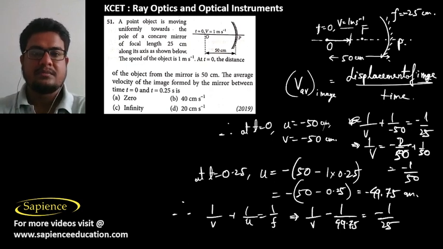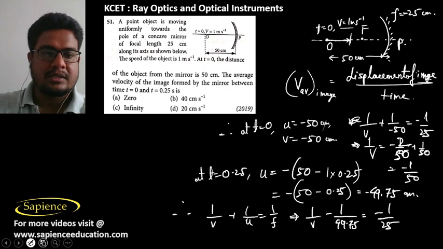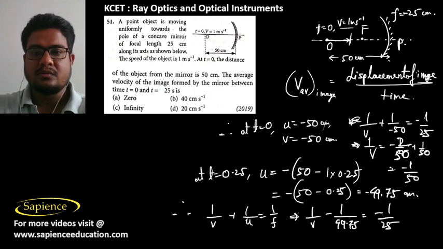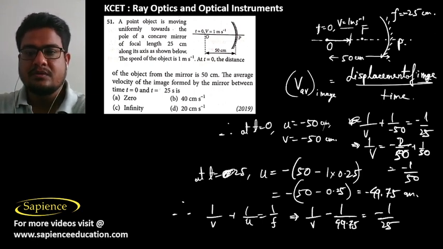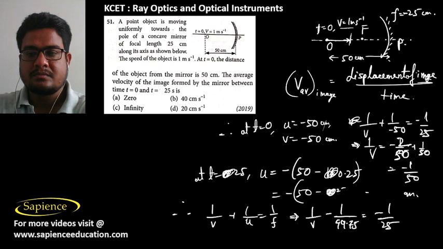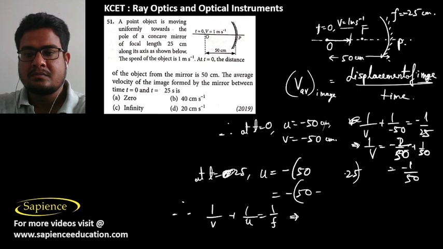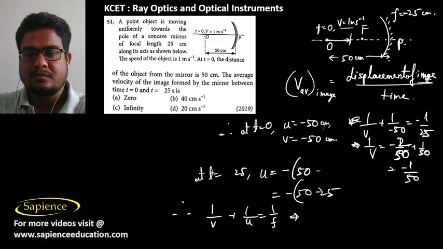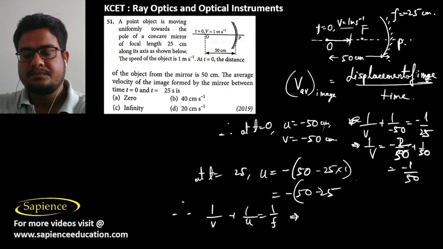Here actually the question is slightly wrong. It should be 25 seconds, that t equal to 25 seconds. At t equal to 25 seconds, the object distance will be minus 25 centimeter.